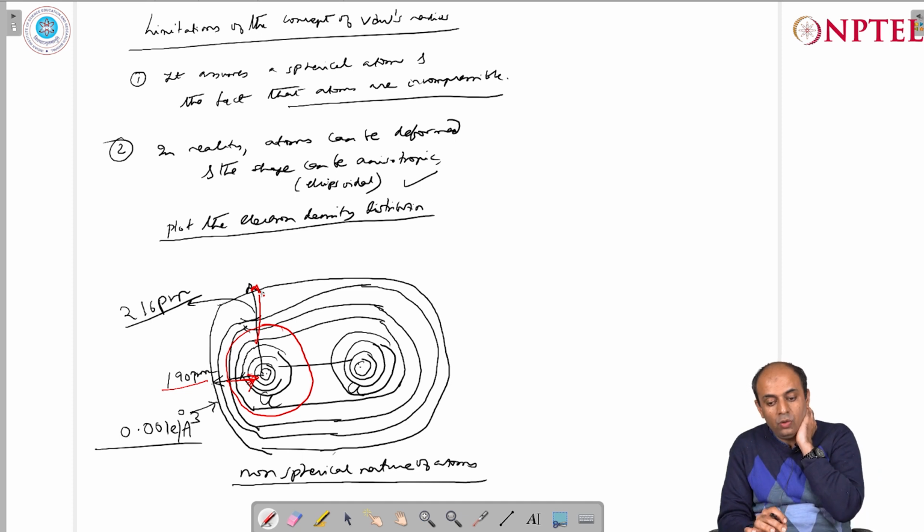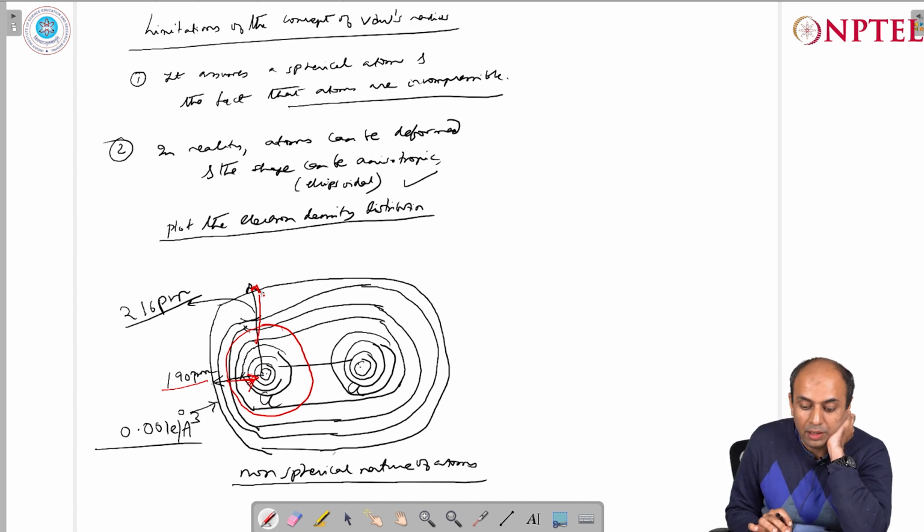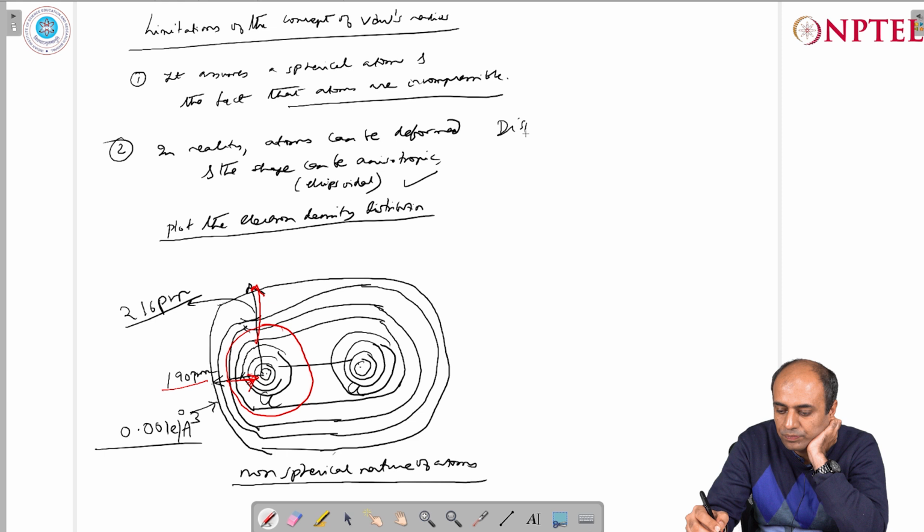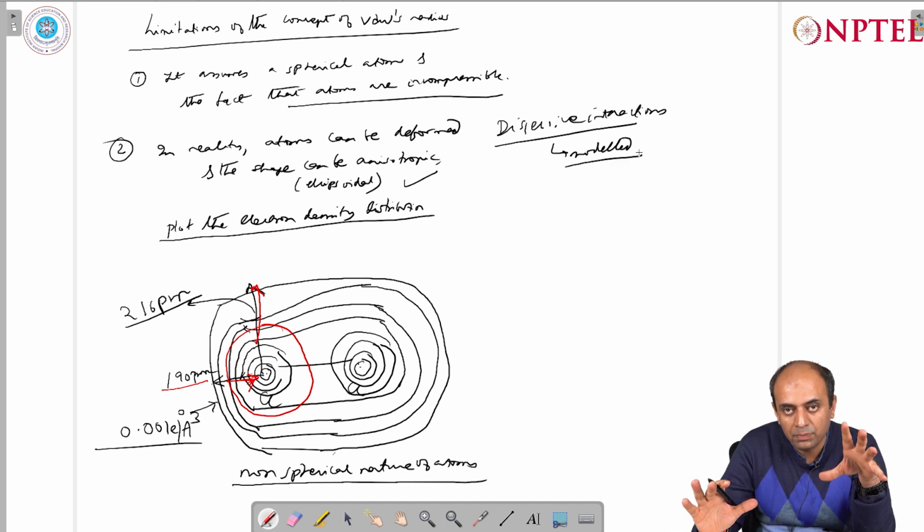The next question we need to address is how are dispersive interactions modeled? That is, assuming that we have these dispersive interactions, how can they be modeled? We have looked at the attractive part of the dispersive interactions and the repulsive forces. We also know that it is a combination of attractive and repulsive forces.